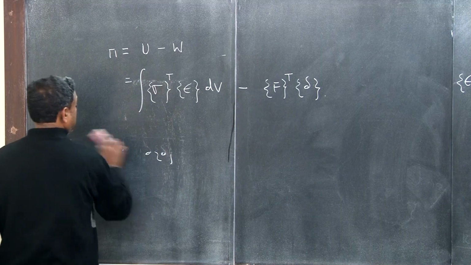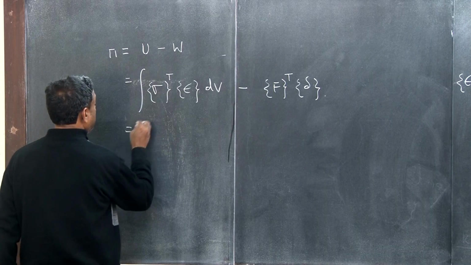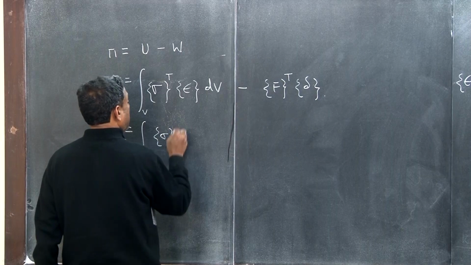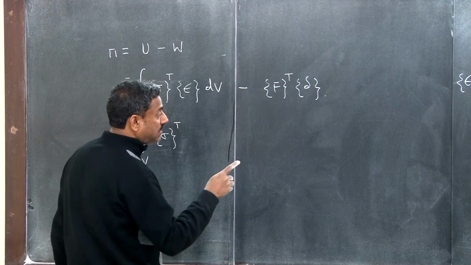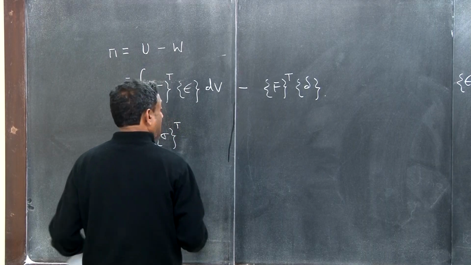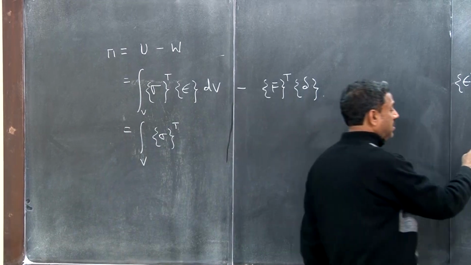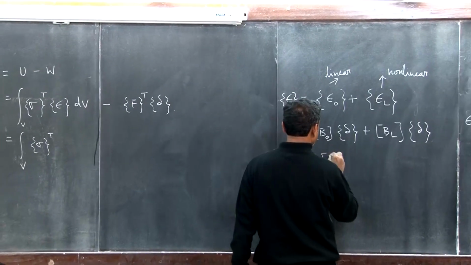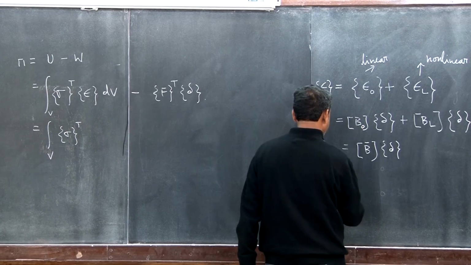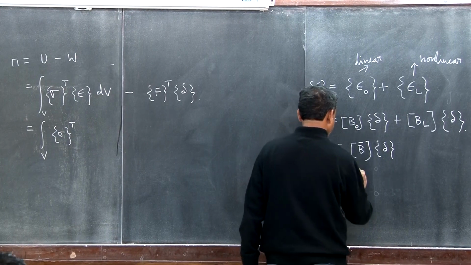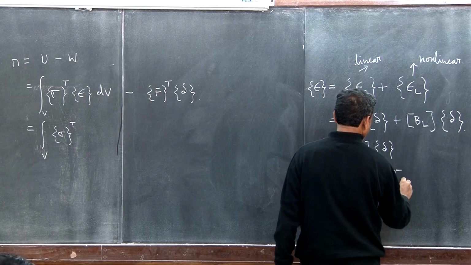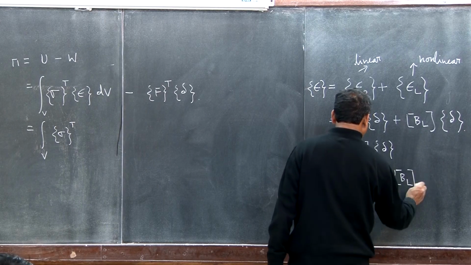Or I will come there later, let us just write here, integration over V, sigma transpose epsilon. Epsilon is nothing but, you can combine the two, so B bar into delta, and B bar is nothing but B0 plus BL, both the linear and non-linear, okay.